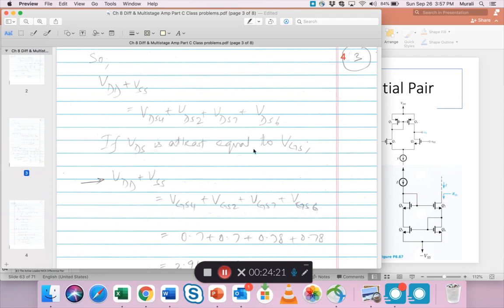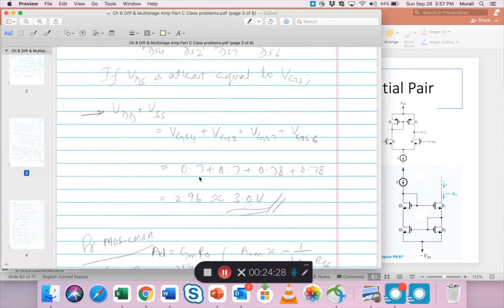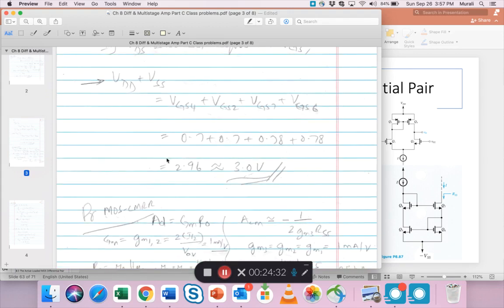So if VDS is at least equal to VGS, then this VDD plus VSS has to be 0.7, 0.7 and then 0.78 plus 0.78. So you get a total of 3 volts approximately as this sum.